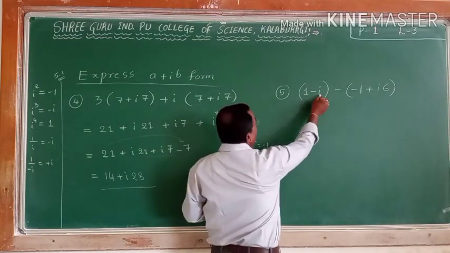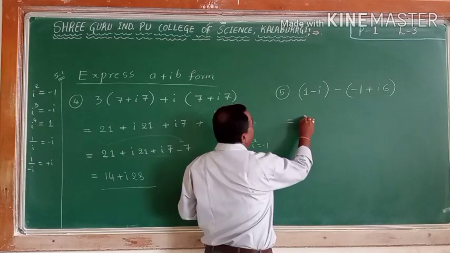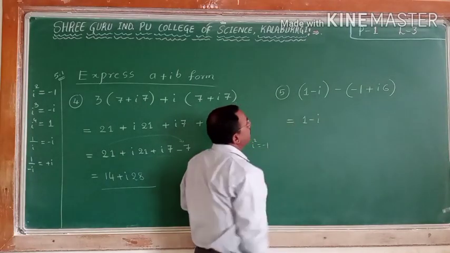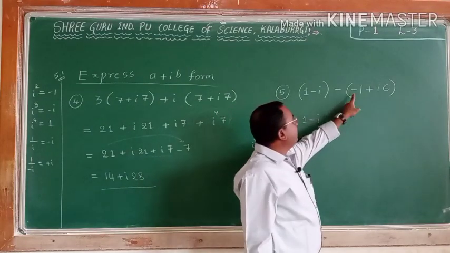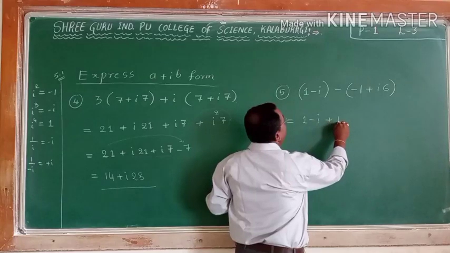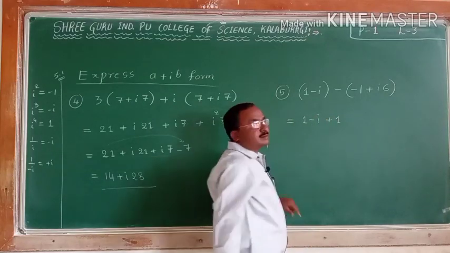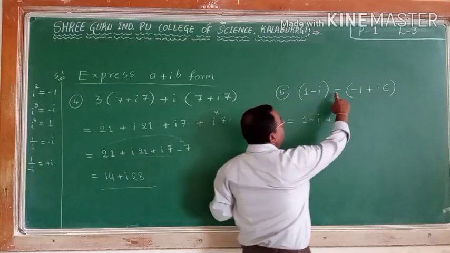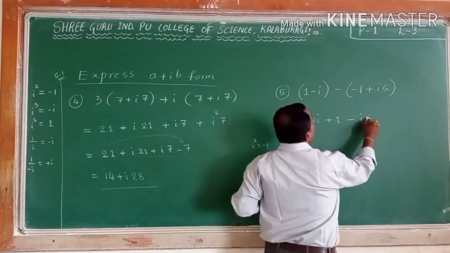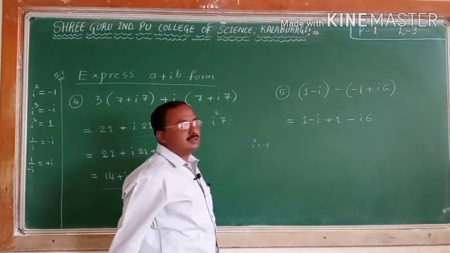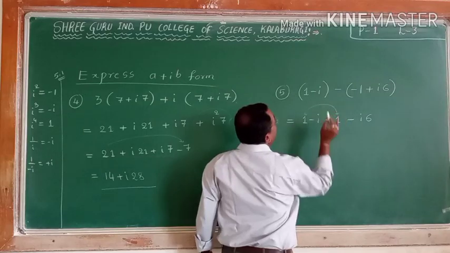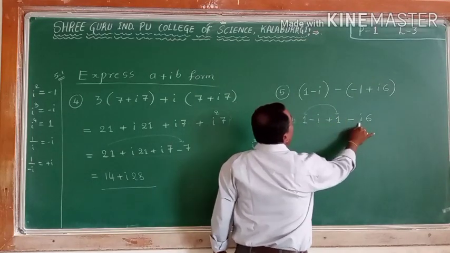Simplify: 1 minus i as it is. Minus applied, minus minus plus 1, minus times plus is minus, minus 6i. Here these two are real, these two are imaginary.